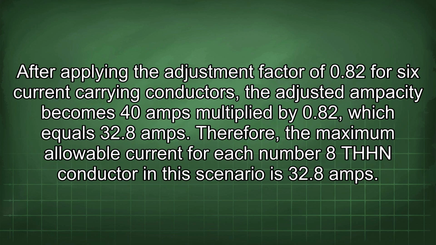After applying the adjustment factor of 0.82 for 6 current carrying conductors, the adjusted ampacity becomes 40 amps multiplied by 0.82, which equals 32.8 amps. Therefore, the maximum allowable current for each number 8 THHN conductor in this scenario is 32.8 amps.